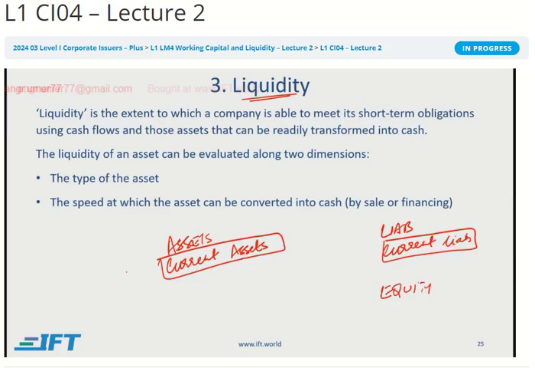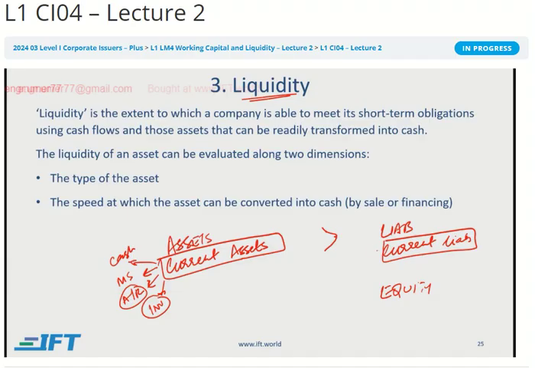Now, if your current assets are more than your current liabilities, in general, what we can say is that your liquidity is good as a company because you have assets that are either cash, because current assets, of course, includes cash, or it includes marketable securities, or accounts receivable, or inventory, and all of this can be converted to cash.